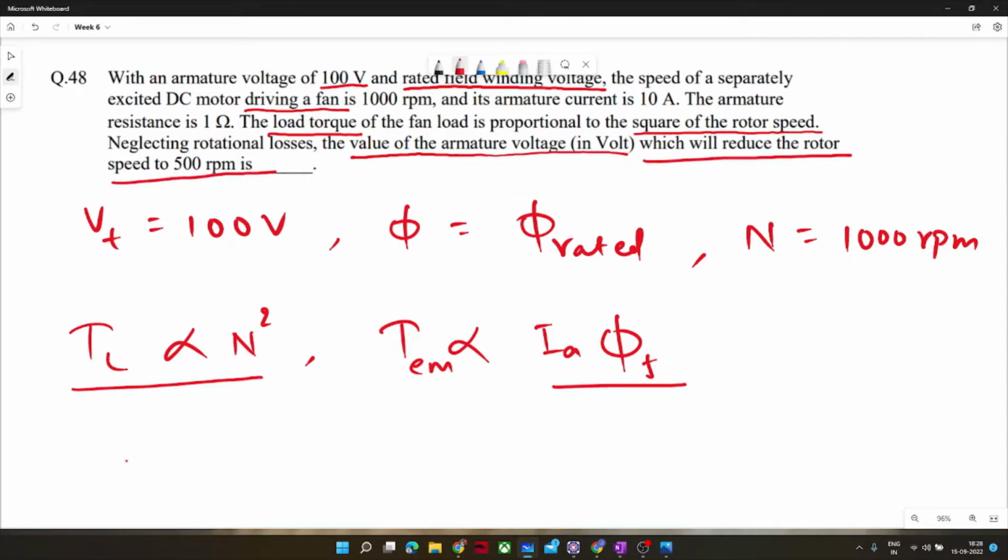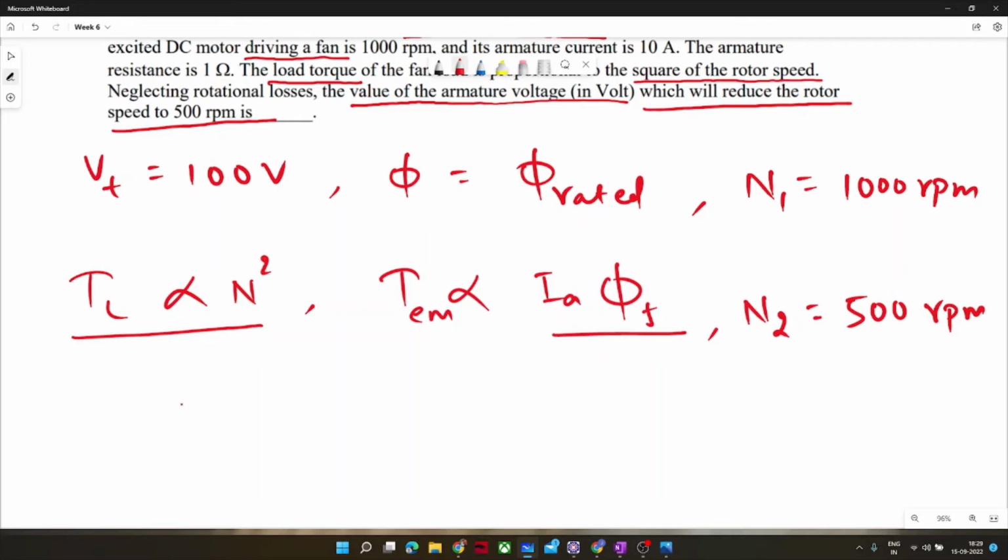So earlier rotor was running at 1000 rpm. Let me call it speed 1, N1. Now we need to reduce the speed of motor to 500 rpm. So how can we do it? We all know the speed depends on back EMF, as well as back EMF depends on flux.